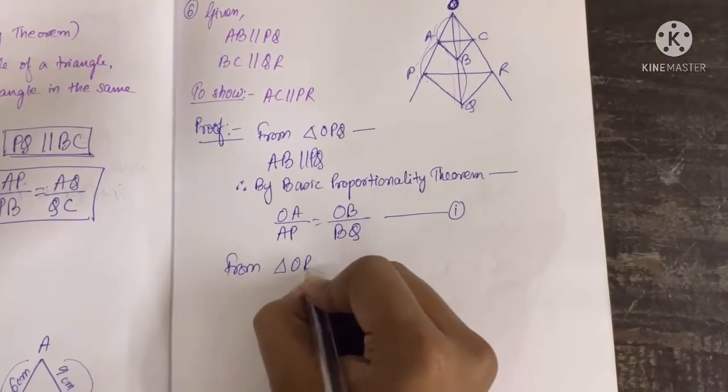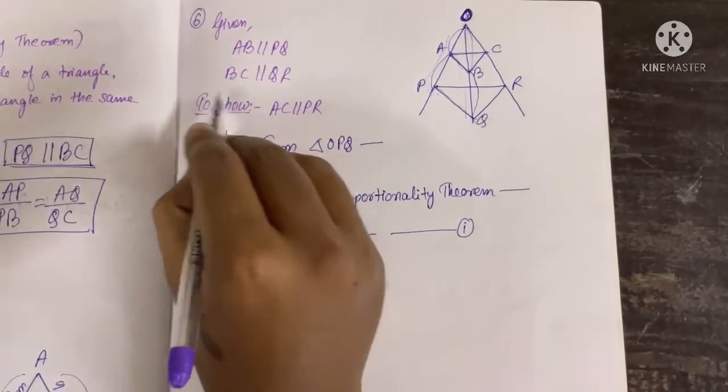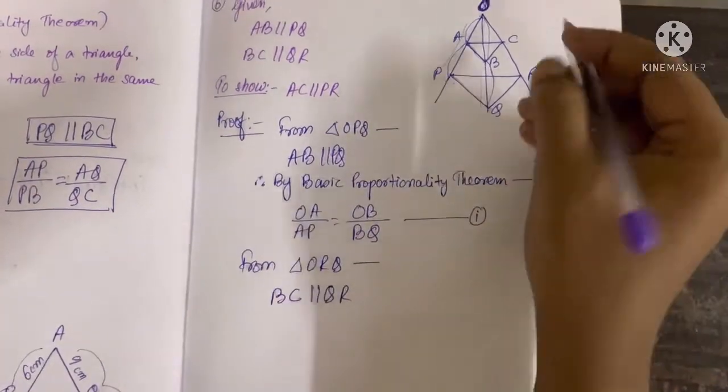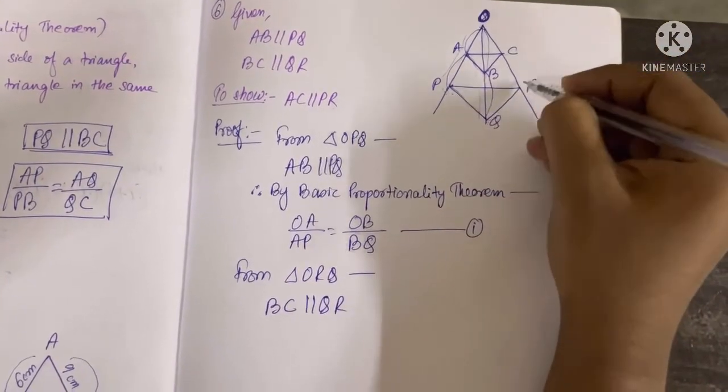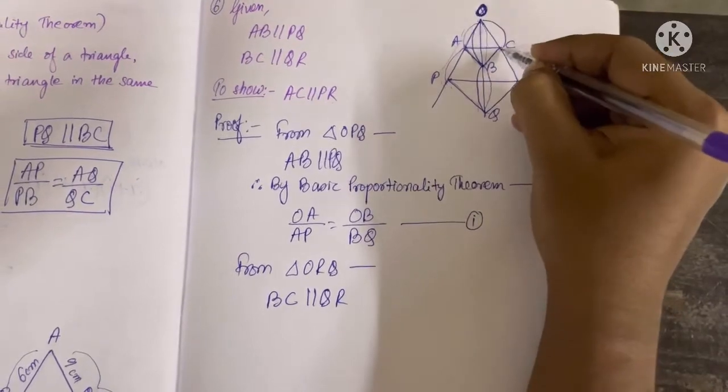From triangle ORQ, here BC is parallel to QR. It is given in the question. BC is parallel to QR. So what will happen? If BC is parallel to QR, then OB by BQ will be equal to OC by CR.